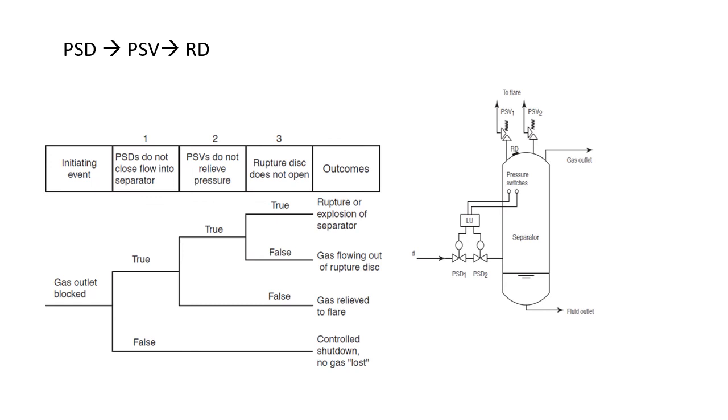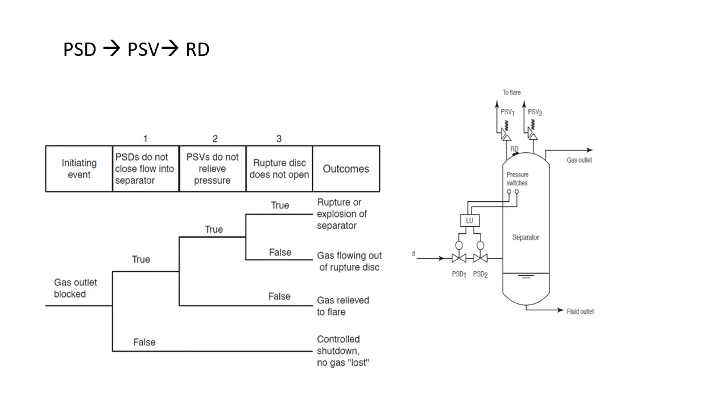So as you can see, depending on the pass or fail of the different barrier components, there can be four different outcomes that may occur here. One is rupture or explosion of the separator, which is the highest unsafe event that may occur. Then there may be gas flowing out of the rupture disk, that is another outcome.